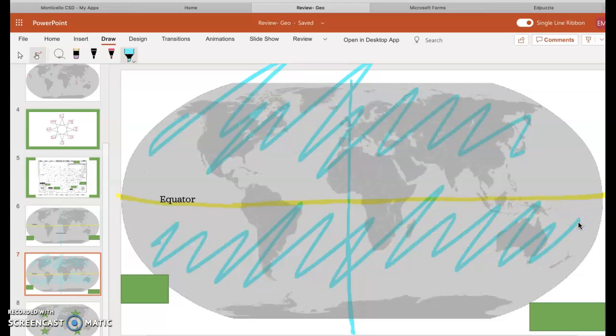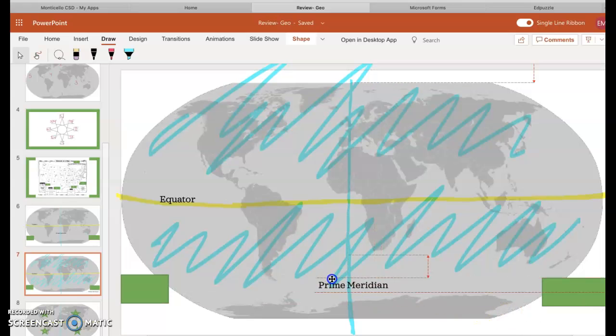So just like a compass rose, our equator, the yellow line, breaks our globe up into the northern and southern hemispheres. We don't just say the word north or south, but we use the whole term northern, southern. Now, our blue line, our prime meridian. Which 2 hemispheres does our prime meridian break the globe up into?